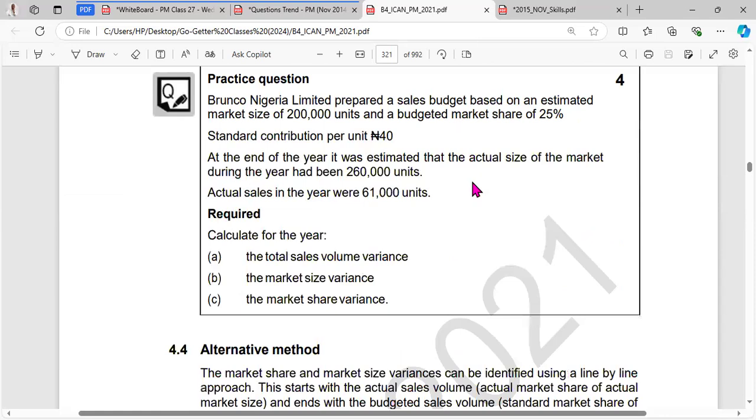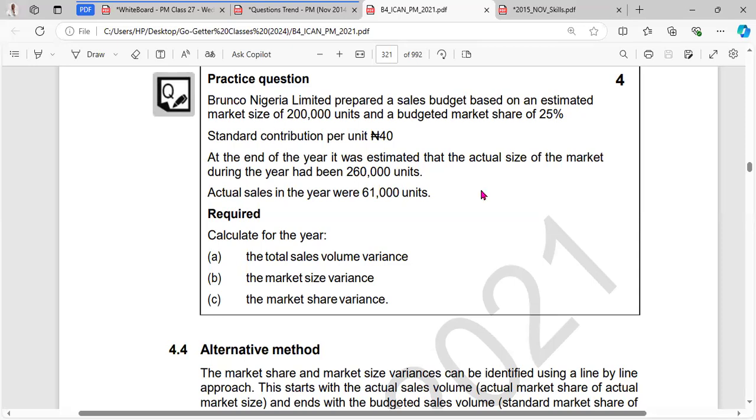It said Bruno Bronco Nigeria Limited prepares a sales budget based on an estimated market size of 200,000 and a budgeted market share of 25%. The standard contribution is 40 naira. At the end of the year, it was estimated that the actual market size during the year had been 260. Actual sales were 61.